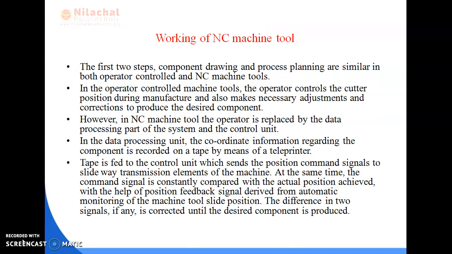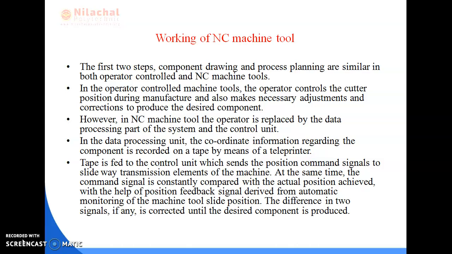How does an NC machine tool work? The first two steps, component drawing and process planning, are similar in both operator control and NC machine tool. Means when we are going to work manually or with the NC machine tool, two processes are common, that is component drawing and process planning.